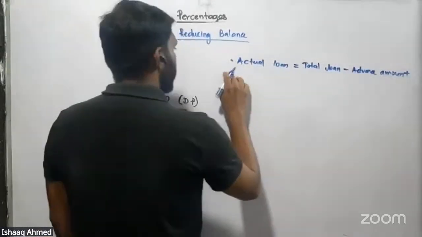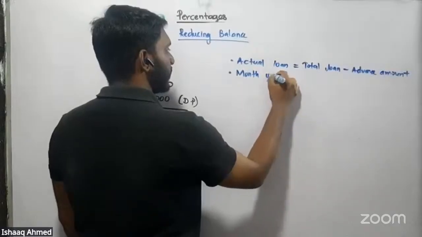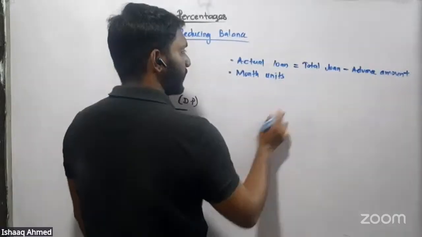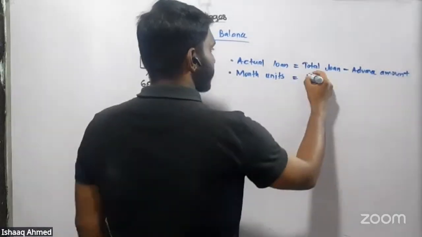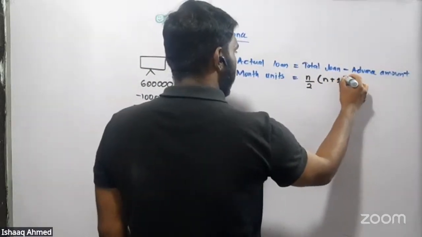Then you calculate something called month units. That can be calculated with this formula: N over 2 into N plus 1.